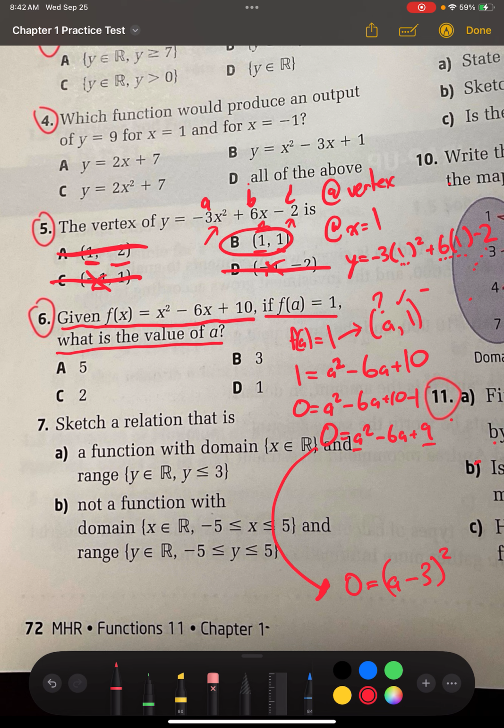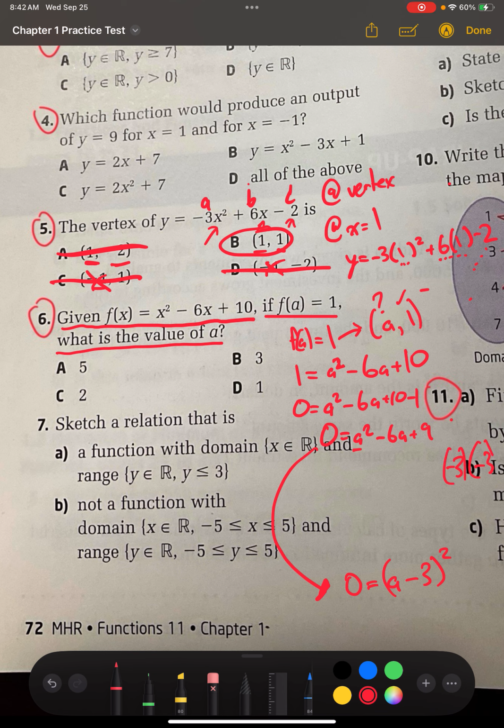If you don't want to skip a step, you ask yourself, what two numbers multiply to 9 and add to minus 6? And the answer is negative 3 and negative 3, right?